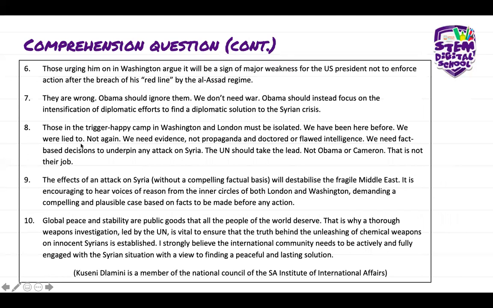We were lied to. Not again. We need evidence, not propaganda and doctored or flawed intelligence. We need fact-based decisions to underpin any attack on Syria. The UN should take the lead, not Obama or Cameron. That is not their job.